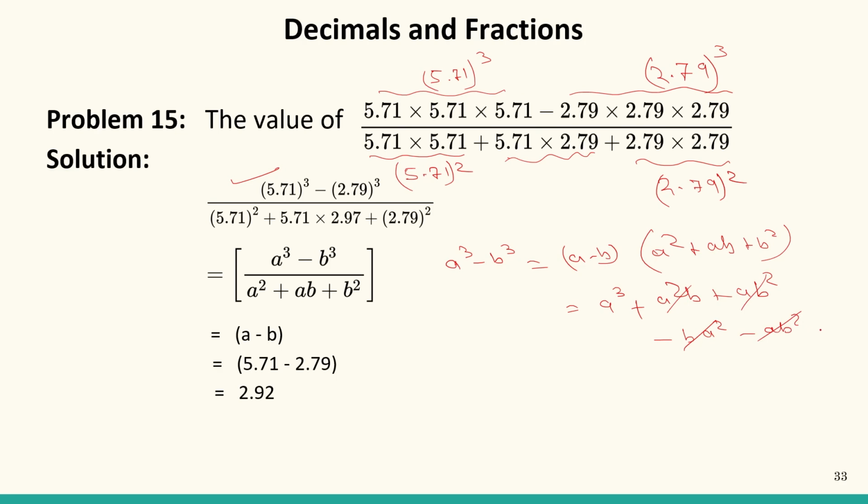These cancel out, then minus b cube. So this is equal to a cube minus b cube, as we have shown. So a minus b, where a is 5.71 and b is 2.79. Subtracting 2.79 from 5.71, we are left with 2.92. This is the final answer. So that's enough for today's lecture. Thank you.